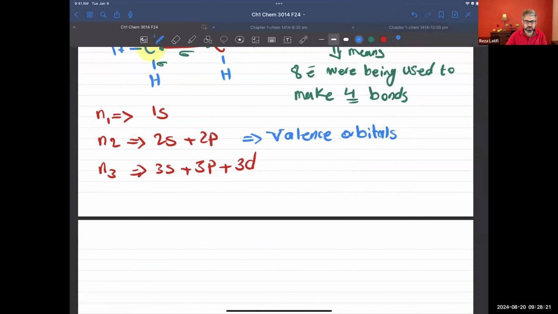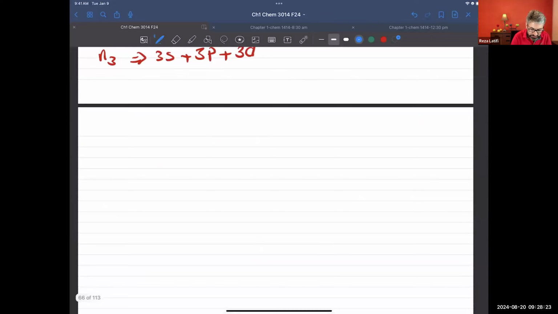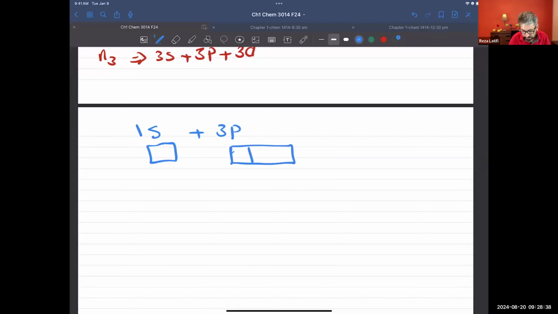For yourself, you're gonna write this. You're gonna write, okay, I have 1 from s. Always s is gonna be one orbital. Next, you're gonna have 3 from any p orbital. Okay, so p orbital always is gonna be made of 3 boxes. And then you will have 5 from d. d is made of 5 boxes.